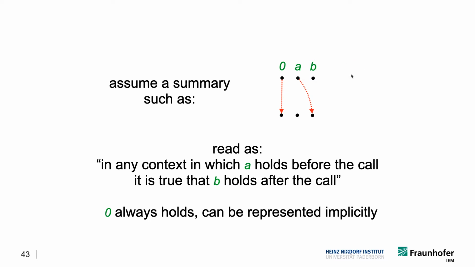And these summaries can then also be reused partially. So if you have a context, for instance, that taints A, then it will look at the summary edges that go out of A and only those. It doesn't matter what the summary edges for B are. The other way around, if you have a context that taints B, then only this part of the summary matters, only the edges that go out of B matter.